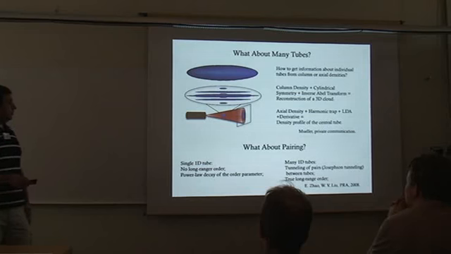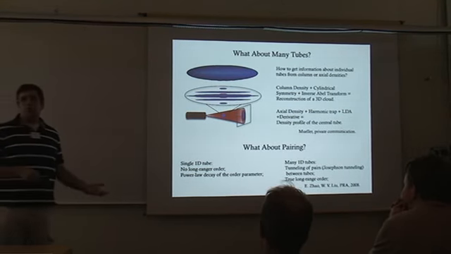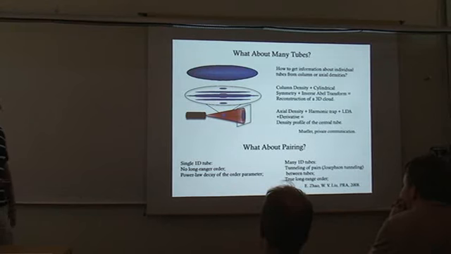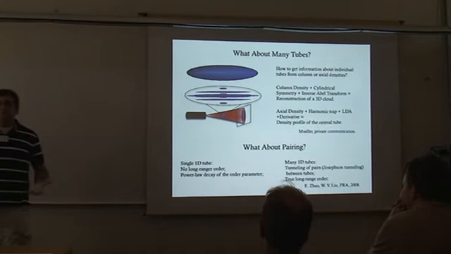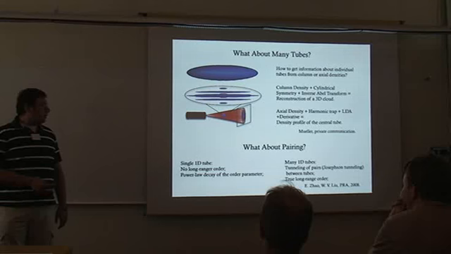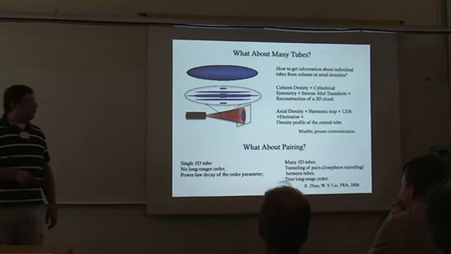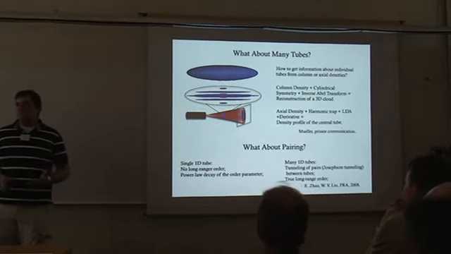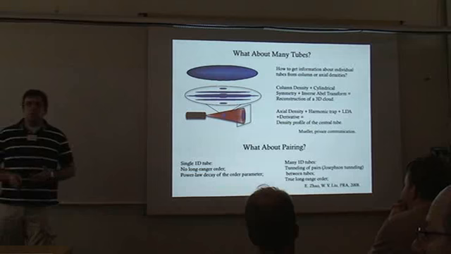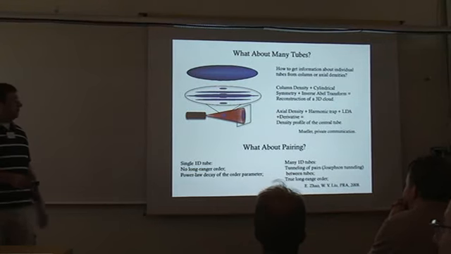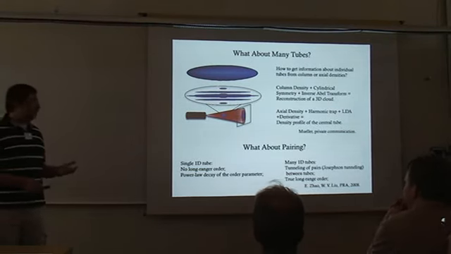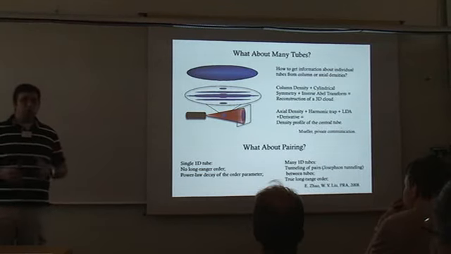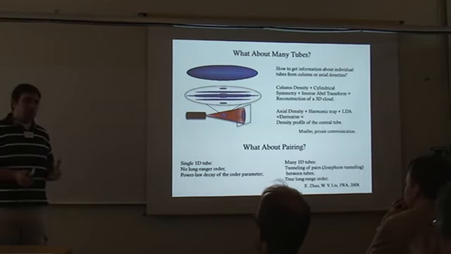So what about pairing? I was telling you that in a single tube there is in principle no long-range order, and all the correlations are power laws. If one has many tubes and allows tunneling between these tubes, so if one has pair tunneling, which is Josephson tunneling, it appears to be a relevant perturbation, and the system will support true long-range order.